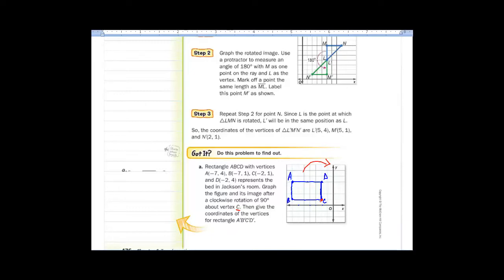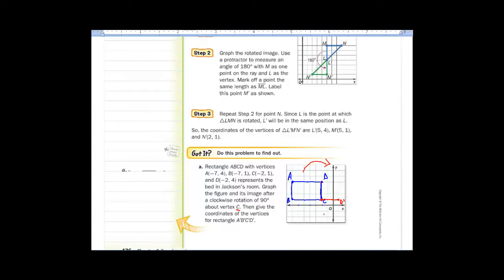So think of it like you're taking his bed and standing it up this way. So if C is going to stay the same, and you know that D is 1, 2, 3 units out, then this is going to be 1, 2, 3 units out. This is the new D prime.